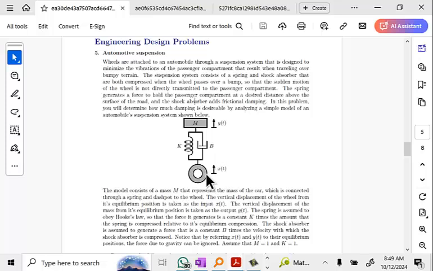So the x is the input, and the y is the output. Now, between the wheel and the mass of the car, you have this spring, and that exerts force, and you also have this dash pot that slows down the response. It does not allow the mass to respond too rapidly to the change in x.